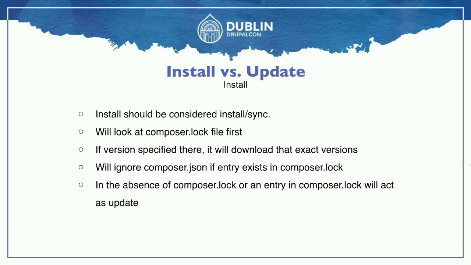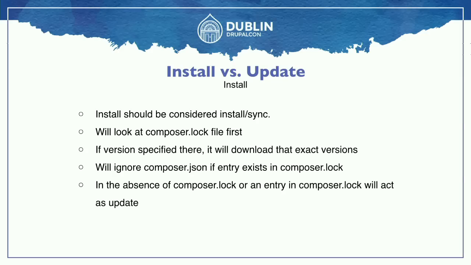It specifies exactly which version and which commit it checked out when pulling the library down, so you have an exact record of the exact commit for every library that you have.